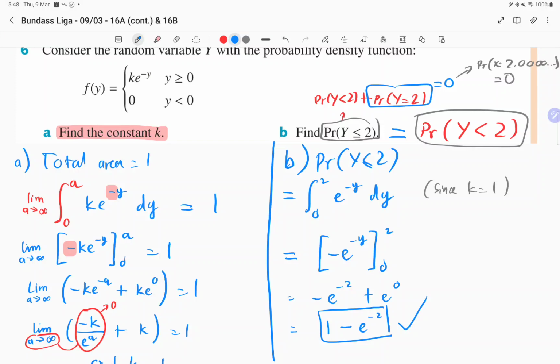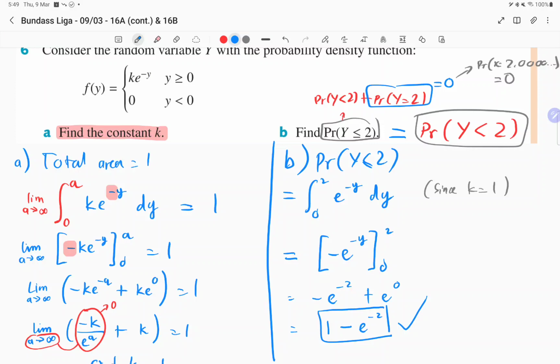Hi, did you guys get 1 minus e to the power minus 2? I got... Is it? Yep. Oh, minus minus. Yeah, so that's a plus, and then the first one has a minus.